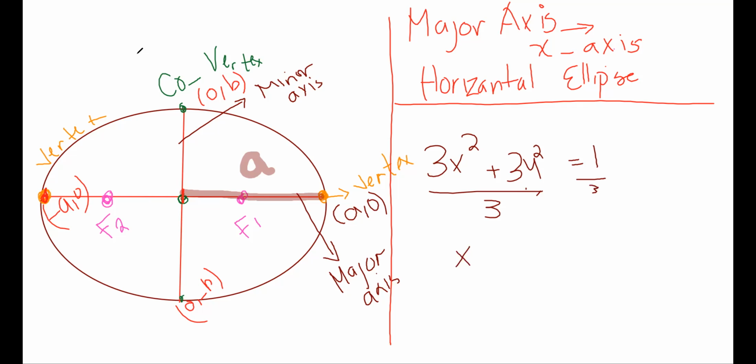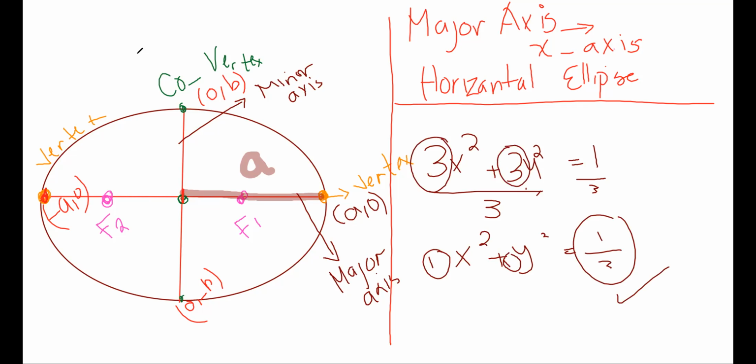So you will have x squared plus y squared equal 1 over 3. If you have x squared with coefficient 1 and y squared with coefficient 1, and here you have a number, this will be an equation of a circle.